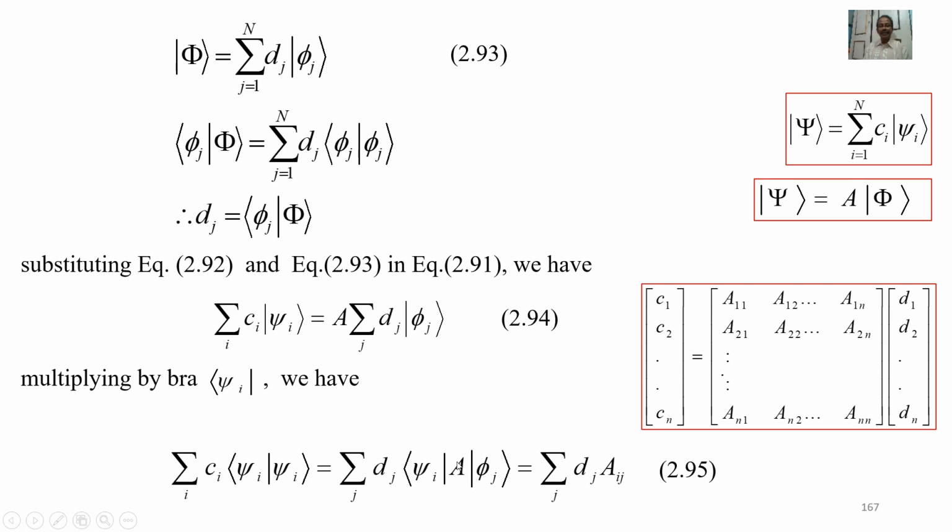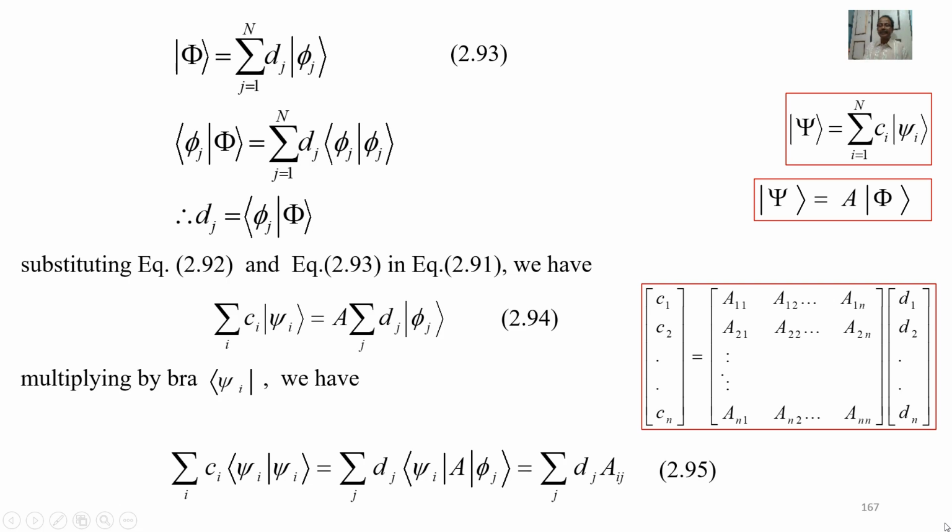The operator A sandwiched between bra psi i and ket phi j is nothing but a matrix element, which is represented as Aij, equal to A11, A12, up to A1n, A21, An1, and up to Ann. So Aij is a matrix element.